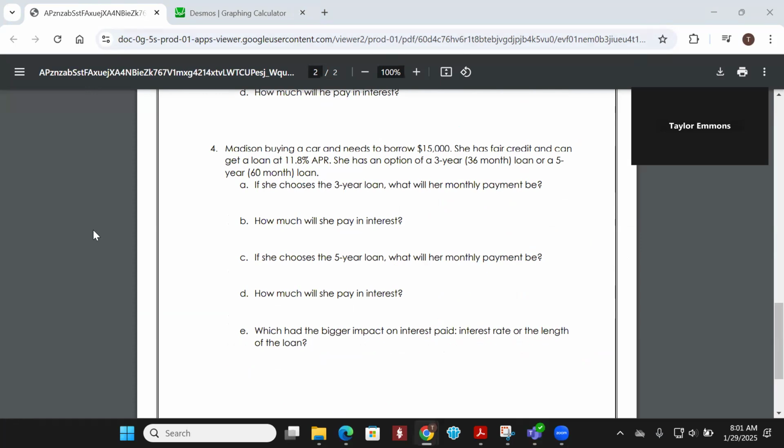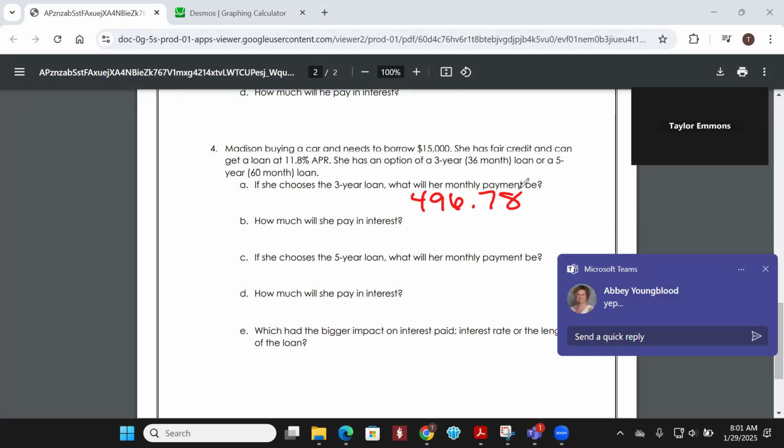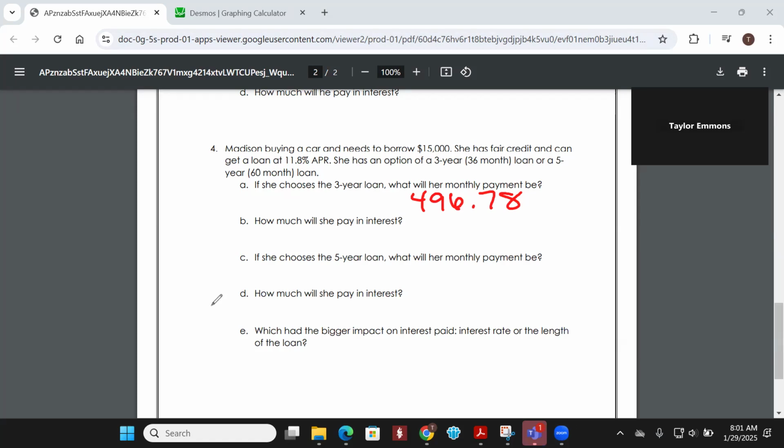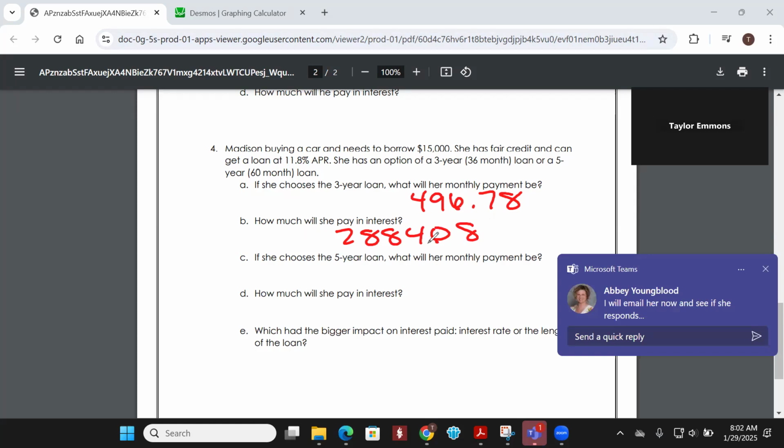Okay. Take a moment. Try that. Okay. So what'd you get for part A? What will her monthly payment be? 0.78. Okay. Remember, we go to 2 decimal places, right? 196. Okay. How much are you going to pay in interest? 2,000. Okay.